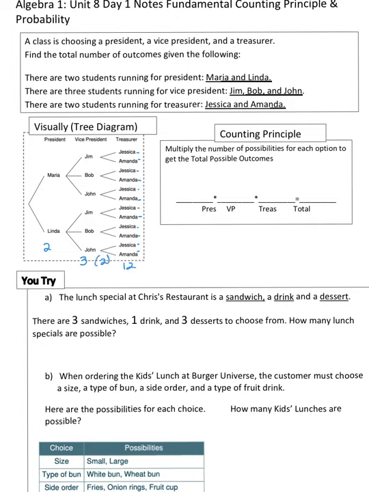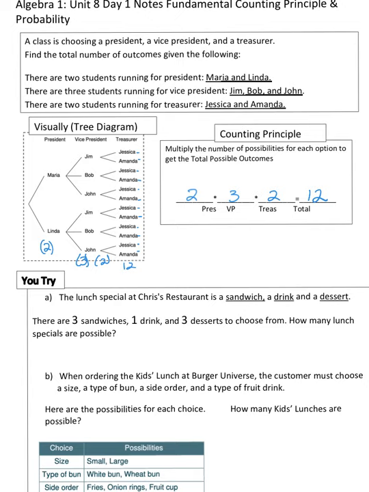Let's see what happens when I draw parentheses around this. 2 for president times 3 for VP times 2 for treasurer equals 12 total possible outcomes. And that's what we have in our tree.